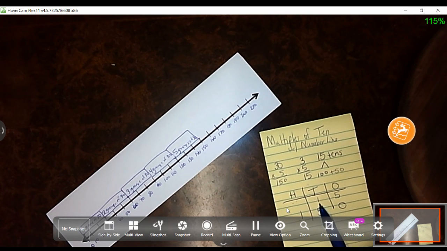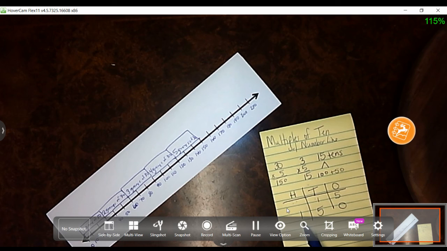Here I have 10 in the tens place, but my 1 in the tens place is now moved to the 1 in the hundreds place. What is 10 times 10? 10 times 10 is 100. So this 1 in the tens place gets 10 times larger when it becomes a 1 in the hundreds place.